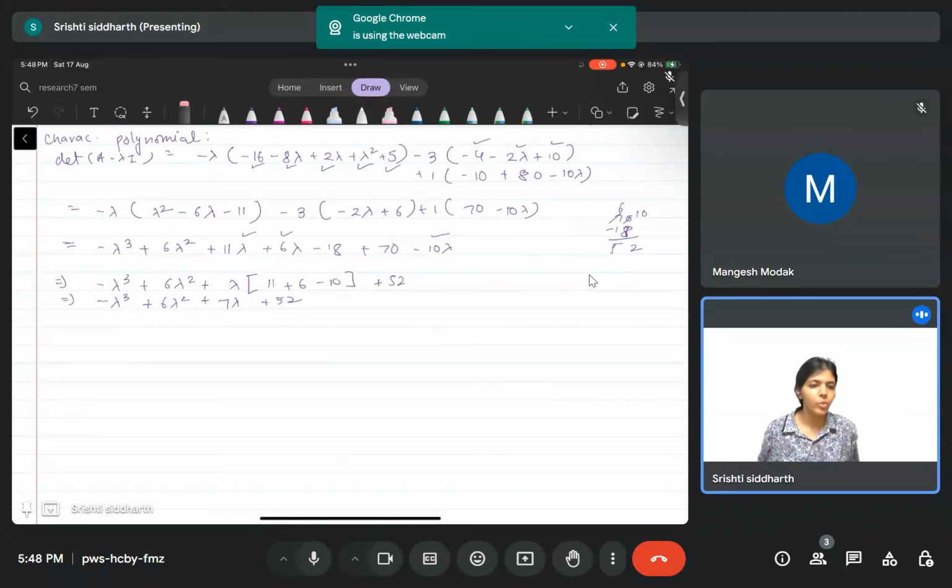Because we have to find out the poles of the transfer function, we have this characteristic polynomial.